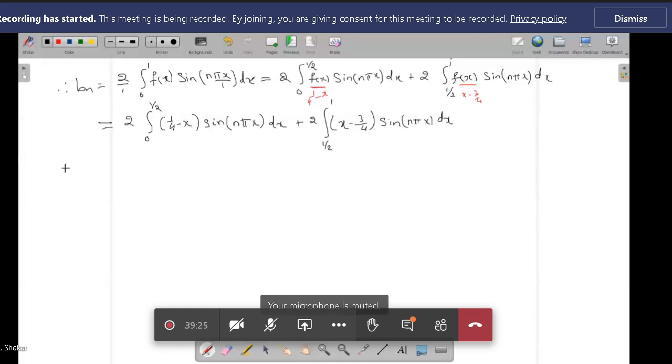So just a simple integration using Leibniz rule, first function.